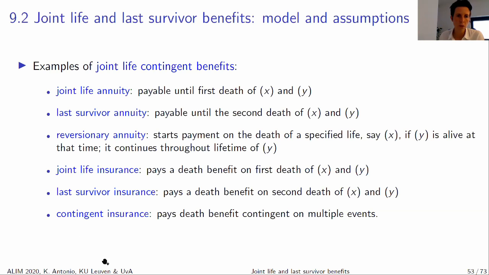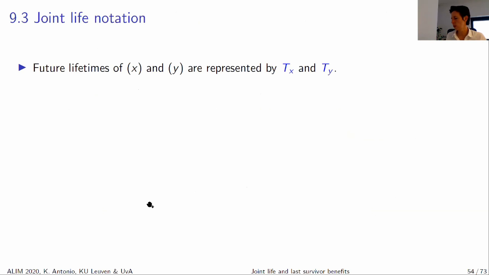So these are some very popular and relevant products that we want to consider for valuation. And we're going to do this valuation using the ideas of the multi-state model, because that's the reason why we discuss these joint life and last survivor benefits at this point in the course. Okay, so think about these different products and the stream of cash flows that they generate.